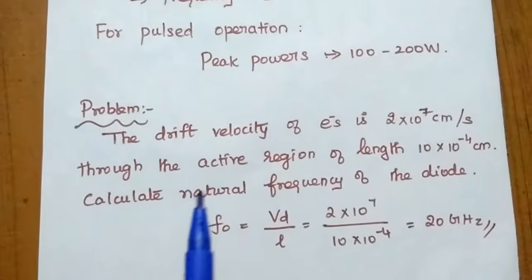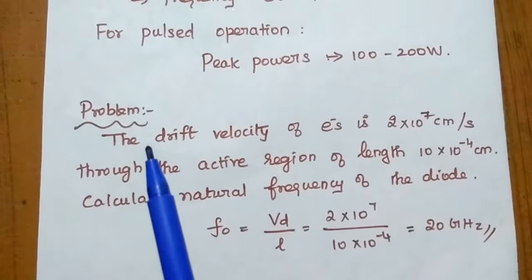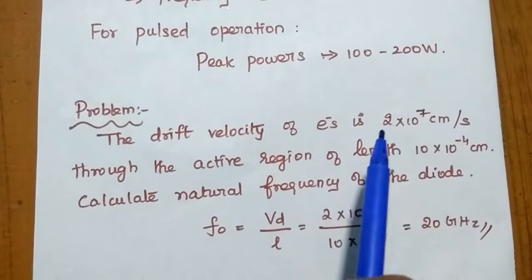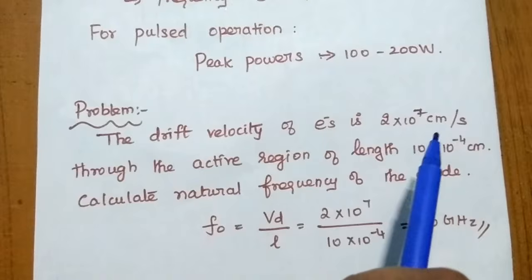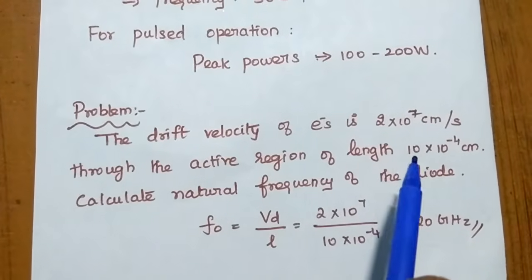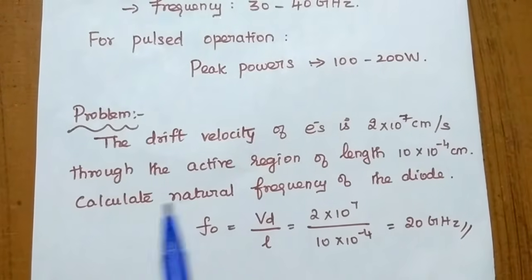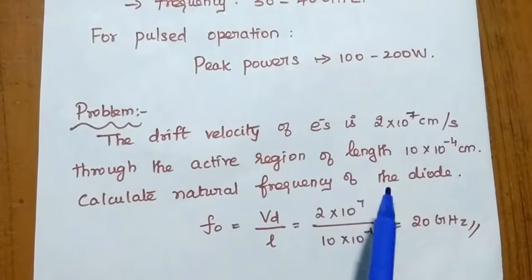There may be some problems using this drift velocity. The problem may be like this: the drift velocity of electrons is 2 into 10 to the power of 7 centimeter per second through the active region of length 10 into 10 to the power minus 4 centimeter. Calculate the natural frequency of the diode.